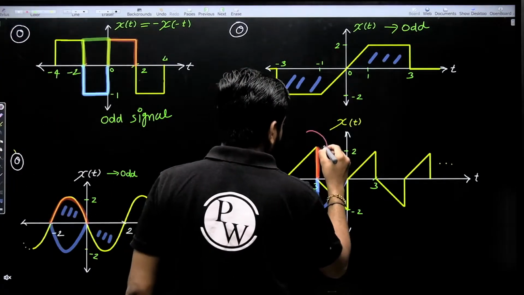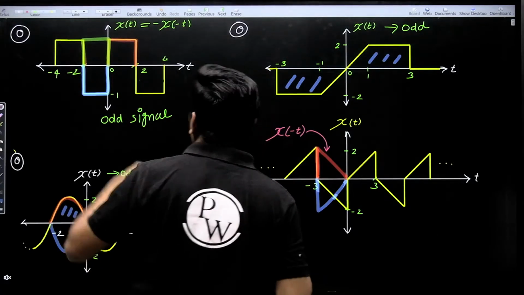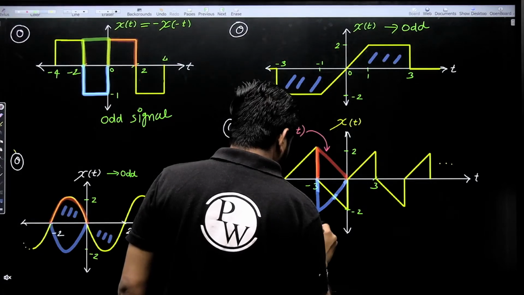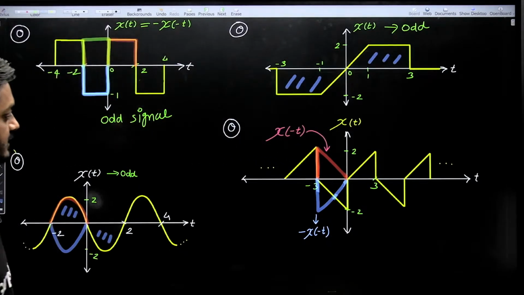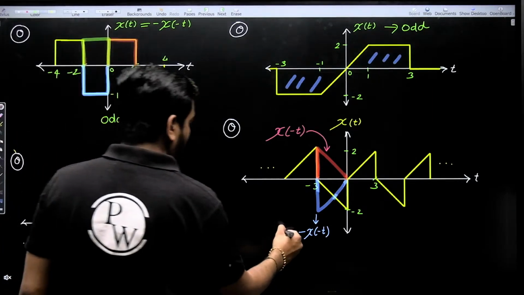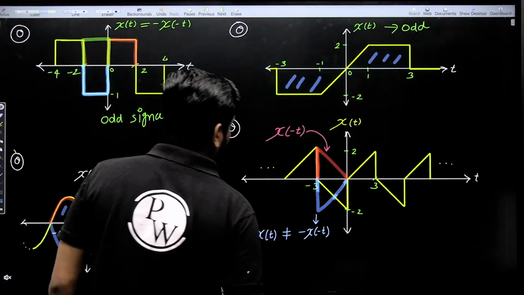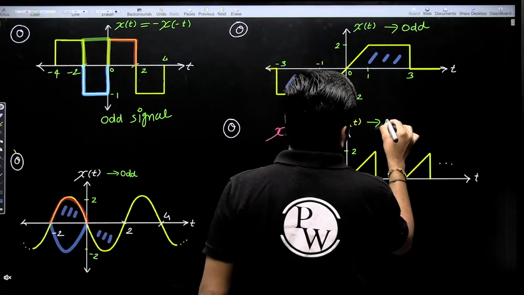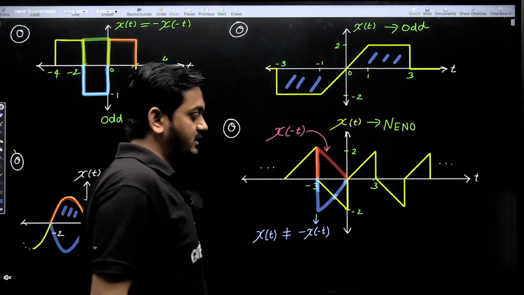This is x of minus t. This is minus x of minus t. So here this is not equal to x of t. That's why you cannot say this is the odd signal. This is nano, neither even nor odd signal. Is this clear, Nikhil? Tell me.